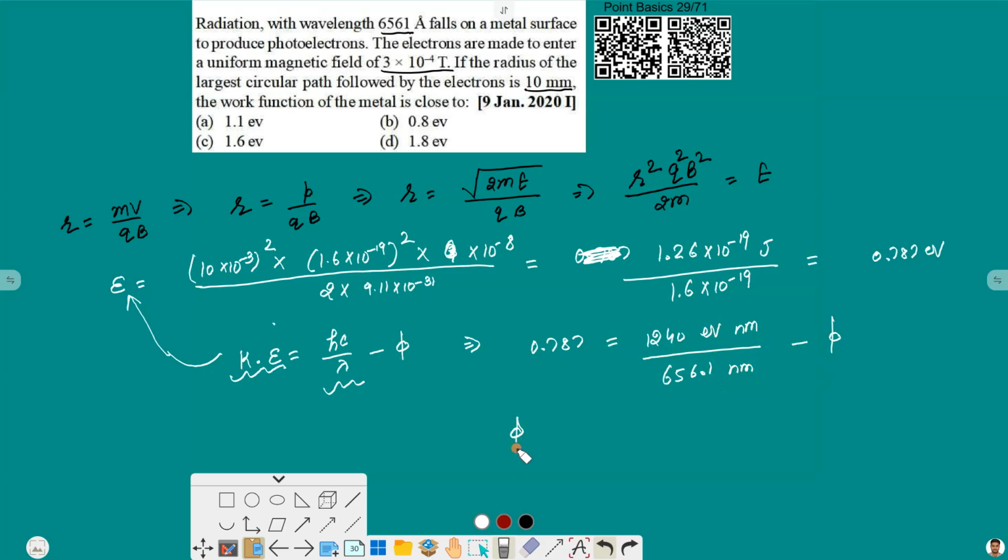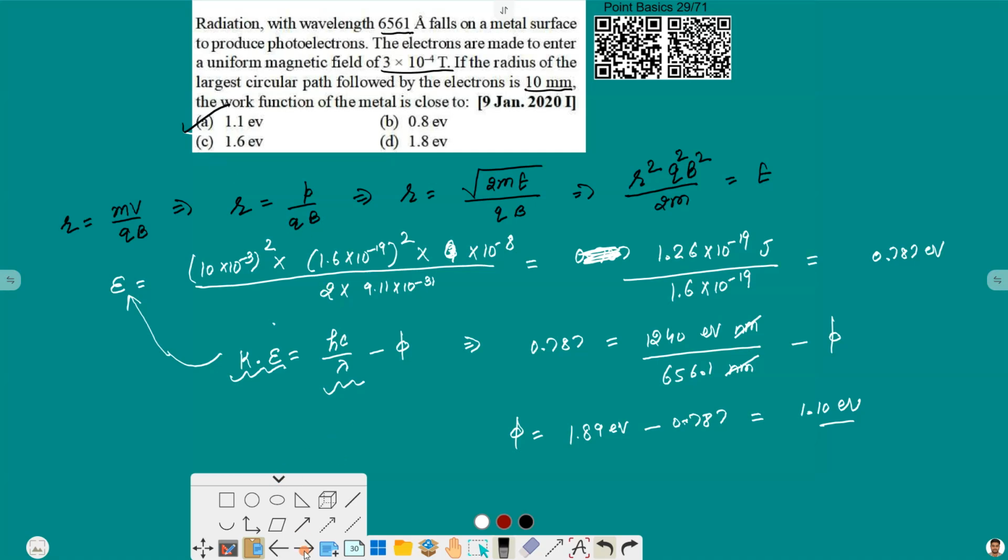From this phi can be calculated as nanometer gets cancelled, and this will give us 1.89 electron volt minus 0.787, which is equal to 1.10 electron volt, and that is nearest to option A. So option A will be the right answer for this question.